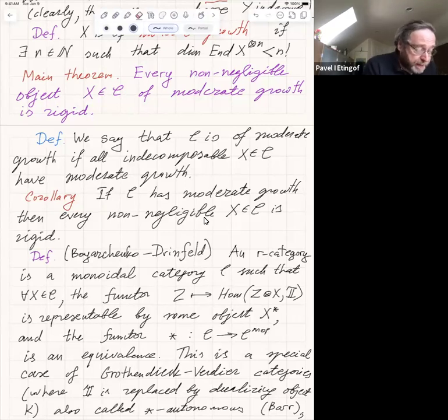So an R category is a monoidal category C, which doesn't even have to be linear, but the condition is that for every object X in C, the functor Z maps to Hom from Z tensor X to 1 is representable by some object denoted X star.